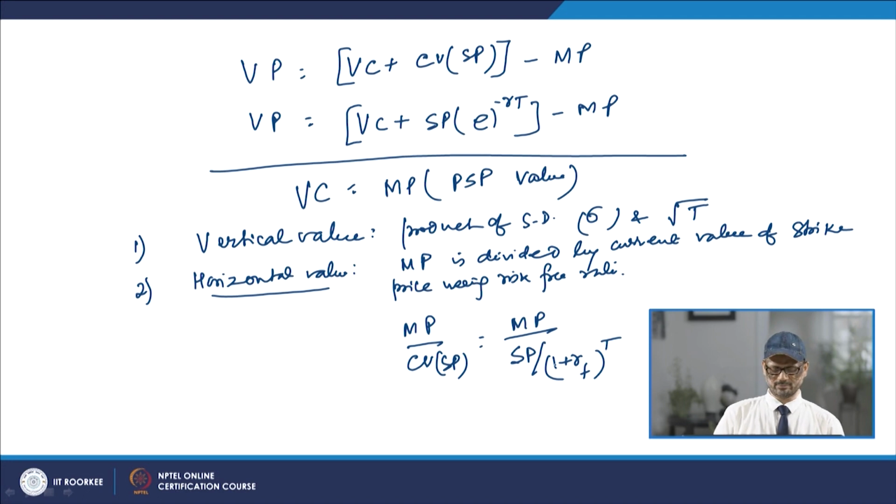So here you have the maturity time. This way you calculate the horizontal and vertical values, and from them you can find the PSP value from the table itself.